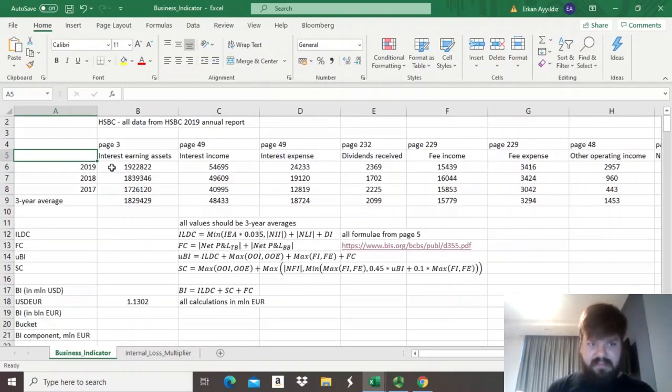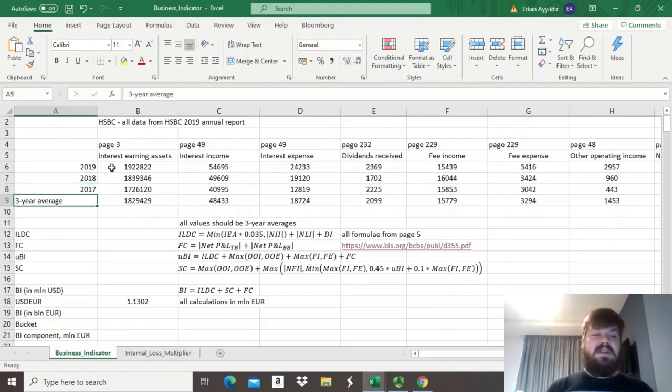For most of these figures, you'll be able to find the data for the 3 previous years in the most recent report. For some of the data, though, you might just get the data for 2019 and 2018, but that shouldn't discourage you from looking at the 2018 annual report and finding there data for 2018 and 2017 respectively.